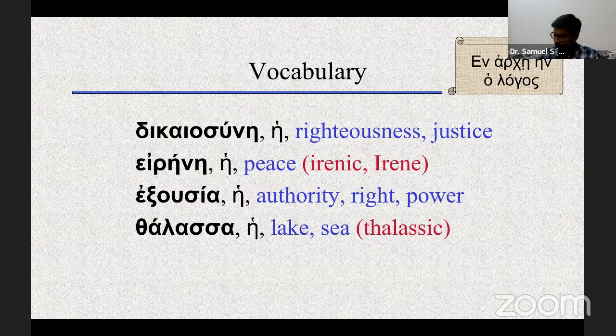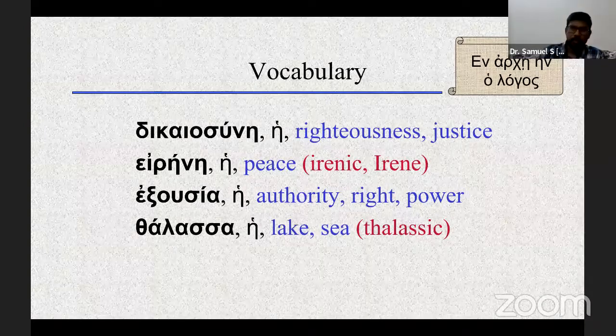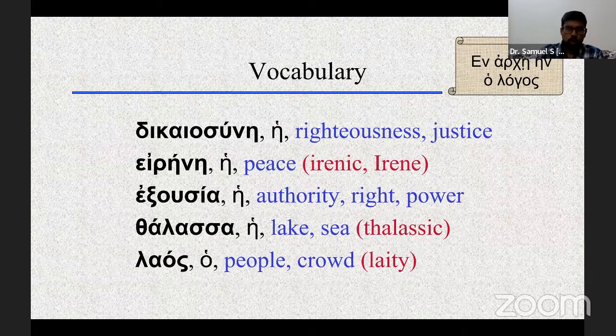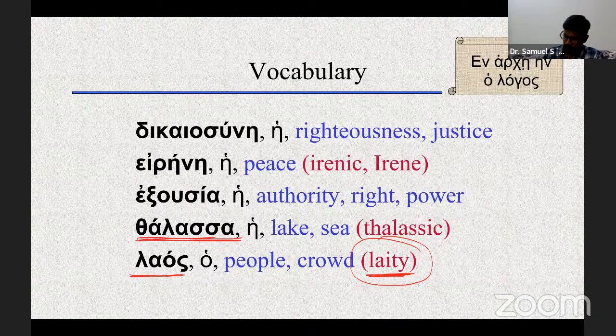Sounds like Thalassery, which is a Kerala restaurant by the sea. Laos, crowd. The word laity is the general public, the crowd. You see these two words a lot in the Gospels, because Jesus gets into a boat, he goes to the Thalassa, and he preaches to the Laos, the crowd.